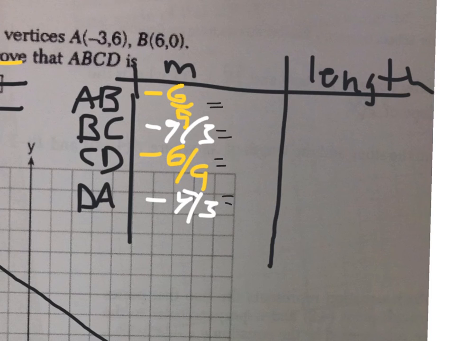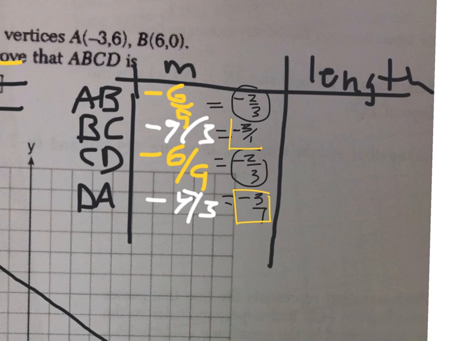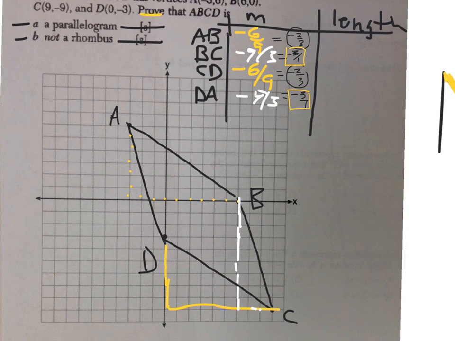If I did reduce them, I'd get negative 2/3, negative 3/1, negative 2/3, and negative 3/1. So the opposite sides have equal slopes, and since opposite sides have equal slopes, I know that opposite sides must be parallel.